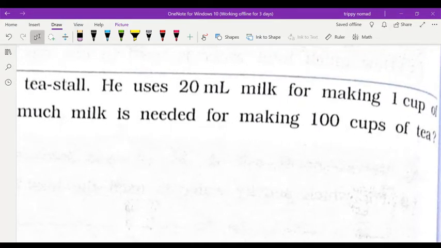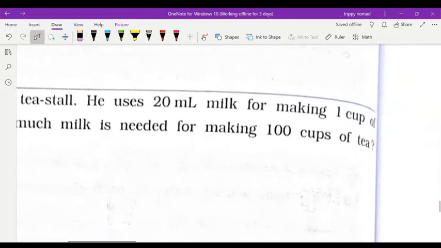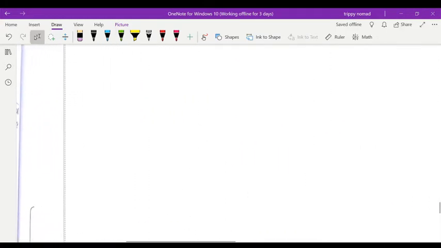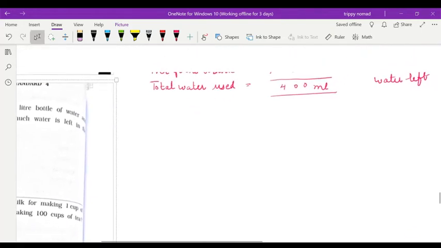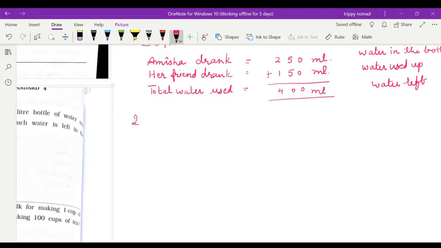Children, now everybody knows that for 1 cup of tea, the tea maker demands 20 milliliter. That means for how many cups do they ask? 100. For 100, the quantity will be more. For more, what do we always do? We always multiply. So here, sum number 2, solution.